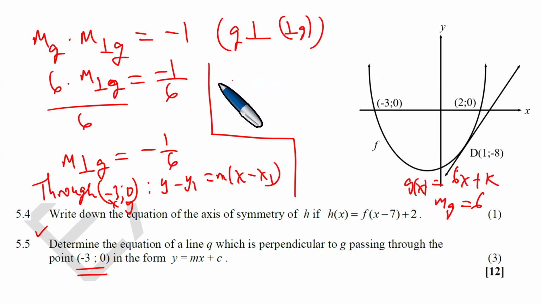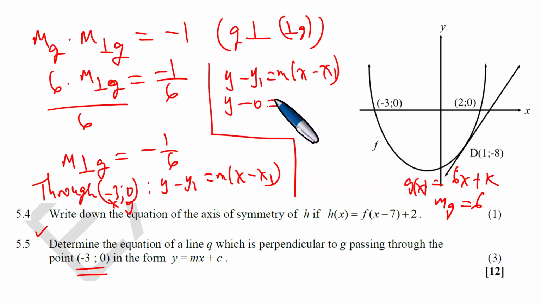Therefore, y minus 0 equals the gradient -1/6 times x minus -3, because x is -3.